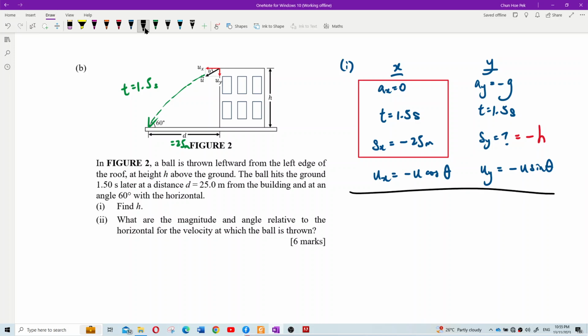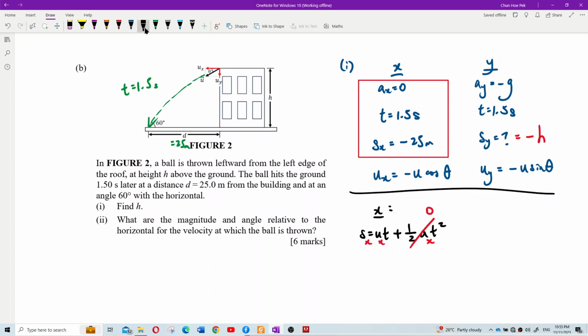Let's start with the X component, class. S equals ut plus half at squared. So all this we put as x, ax is 0, so half at squared is gone.